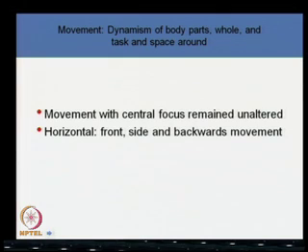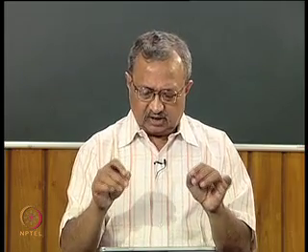Now, the next concern we can say is movement with central focus remaining unaltered. Means, when we do certain work with frontal attention, then if it is necessary to work upon some other areas, if we shift to that position, how fast can we come back to that original work area.